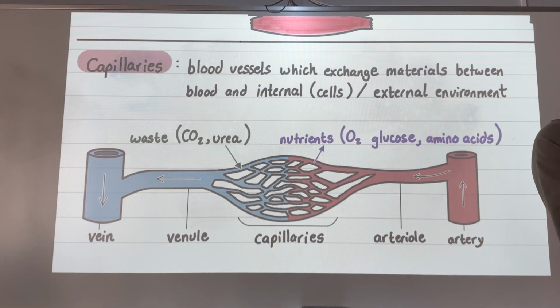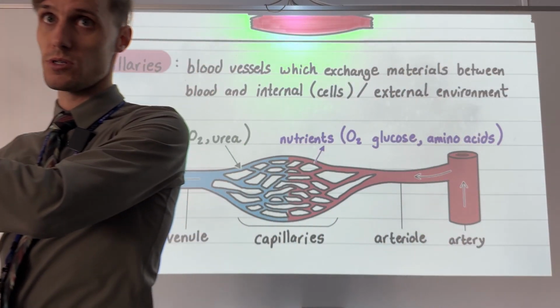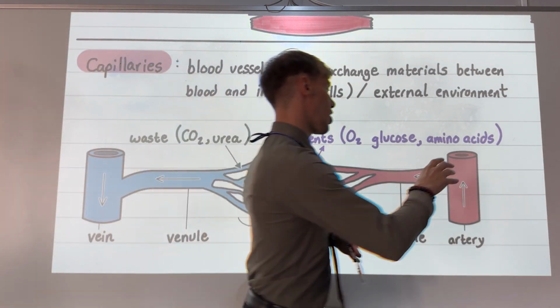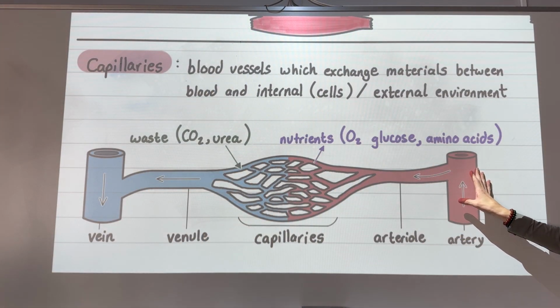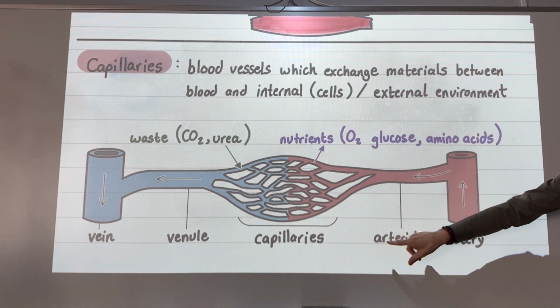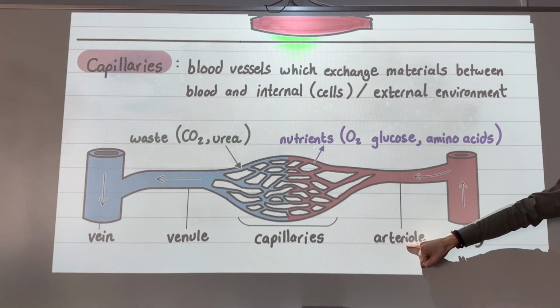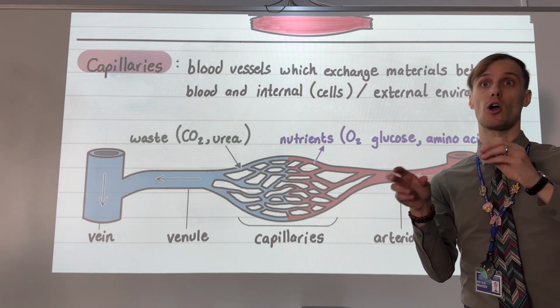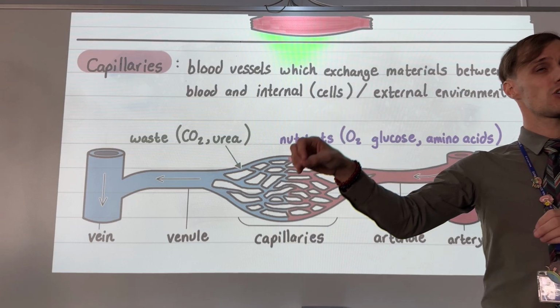I have to go to smaller and smaller roads. The same thing is true for your blood vessels. Your arteries will branch off into smaller arteries called arterioles. We've seen this suffix before when we looked at gas exchange, where I said bronchus, bronchiole, which is a smaller version of that tube.